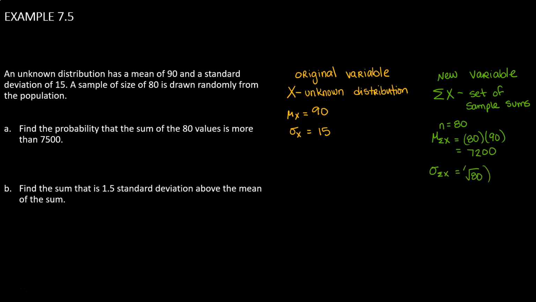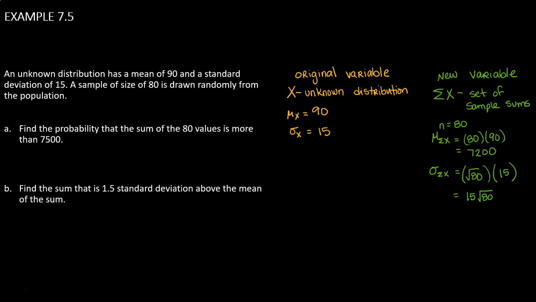We also need sigma, which is the square root of n times lowercase sigma capital X, that's 15. So we'll do square root 80 times 15, which is also known as 15 times the square root of 80.